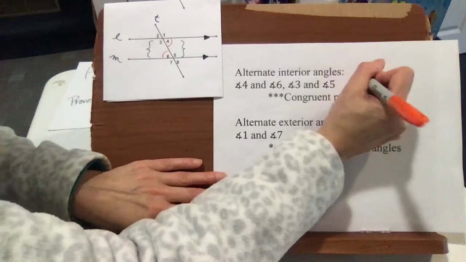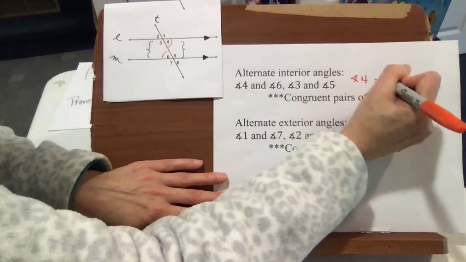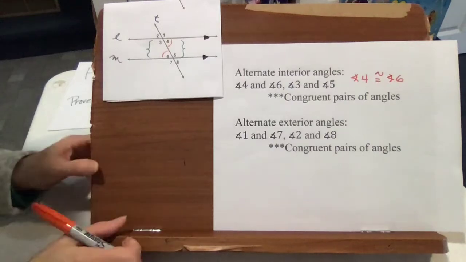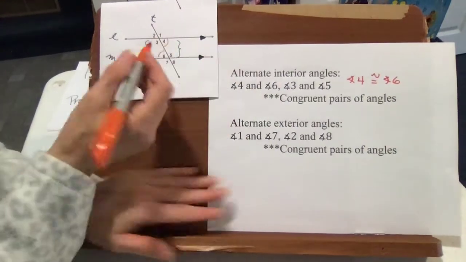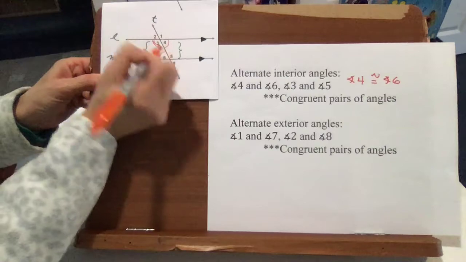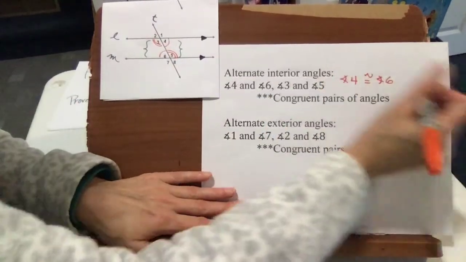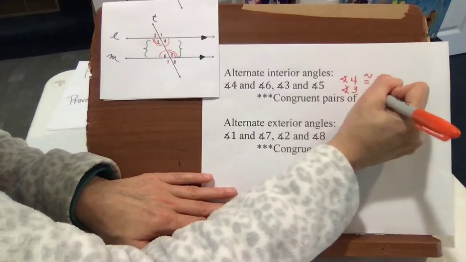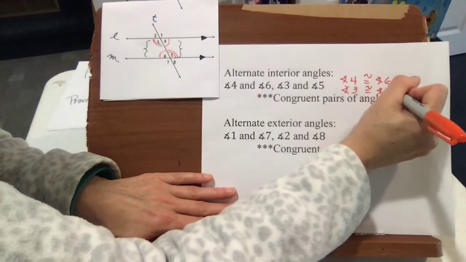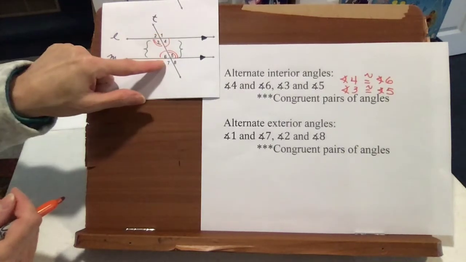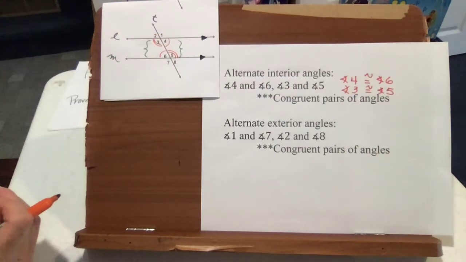So we would say that angle 4 is congruent to angle 6, which of course implies their measures are equal. Also angle 3 and angle 5 are congruent, so we can write another statement: angle 3 is congruent to angle 5. And again, their measures would be equal. So if angle 4 was 10 degrees, then angle 6 is 10 degrees, okay?